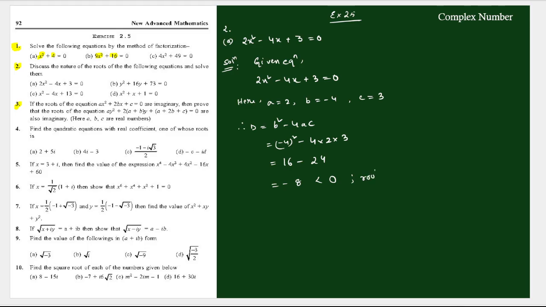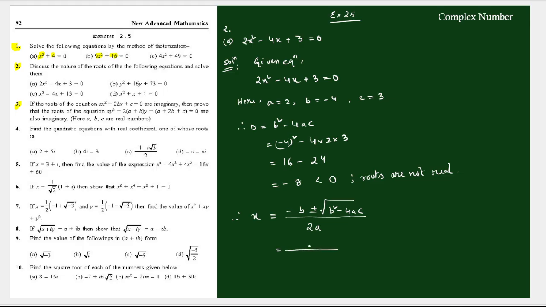So the roots are not real. Then x equals minus b over twice a, plus minus root over b square minus 4ac.